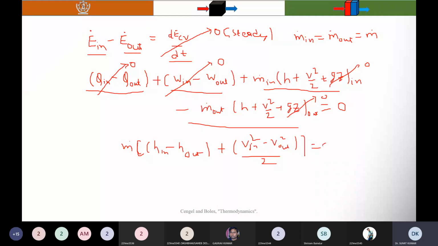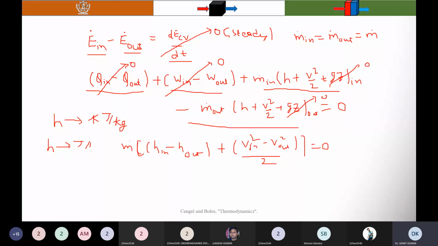The major mistake students make is that h is considered in kilojoule per kg, while here it is in joule per kg. Whenever you are solving, try to convert h into joule per kg so you get the correct answer.